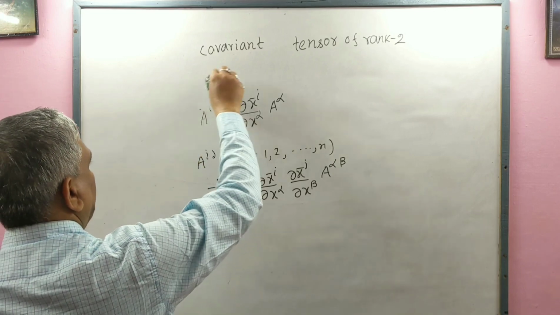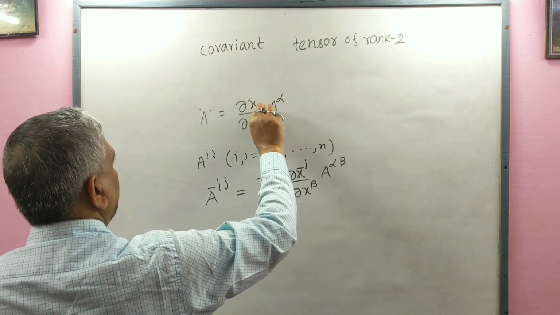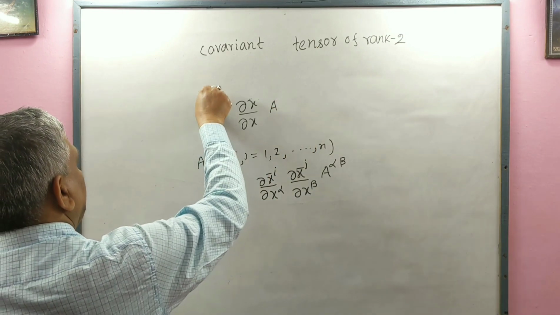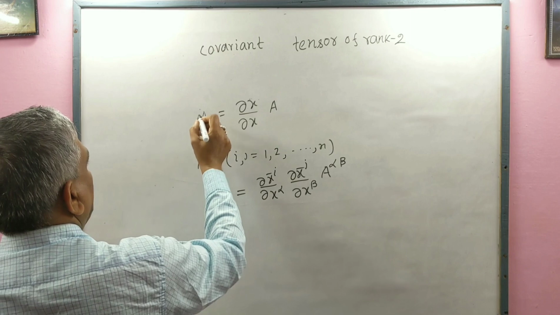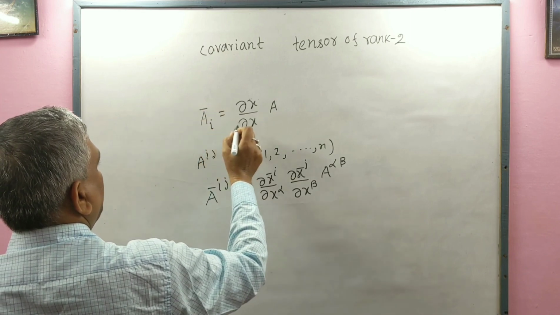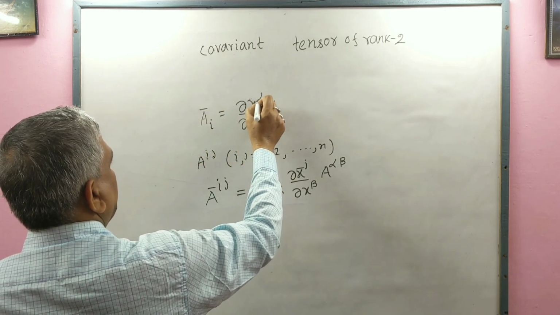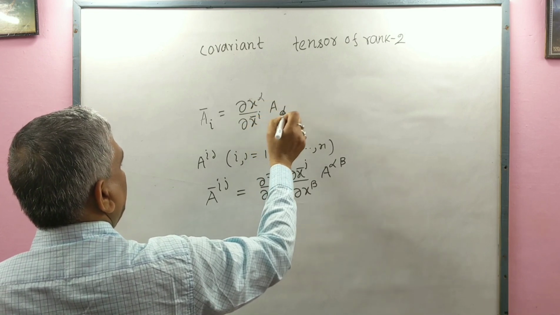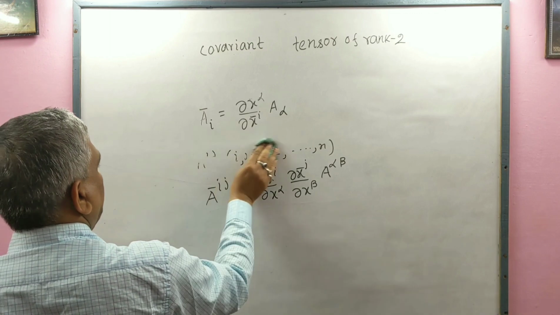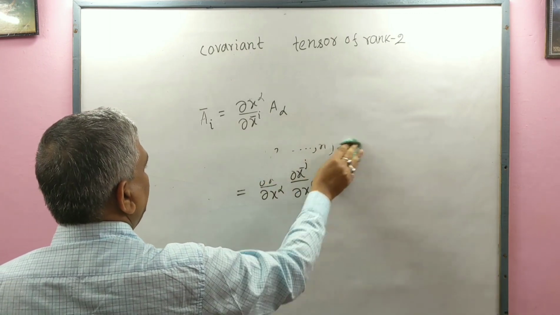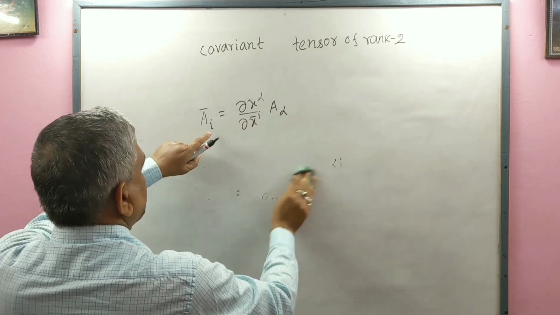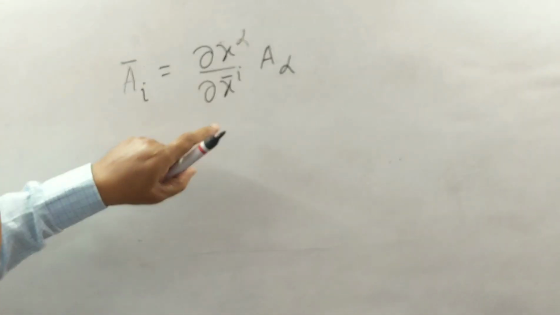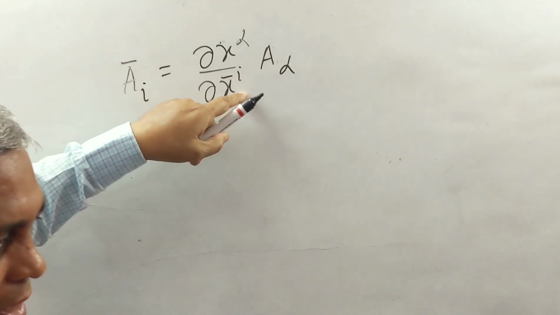As we have seen, a covariant vector is a bar i equal to del x alpha by del x bar i times a alpha. Here the position of i is a subscript on the left side, and x bar i is in the lower position.